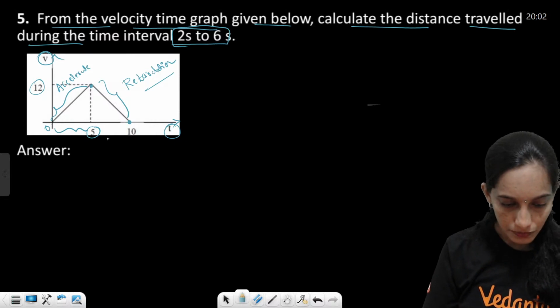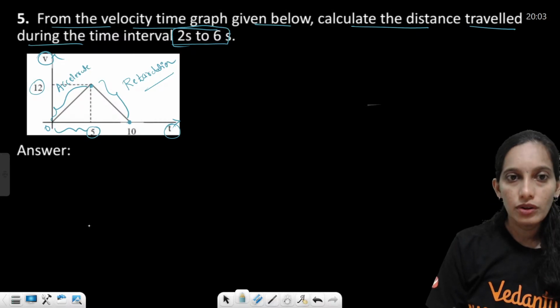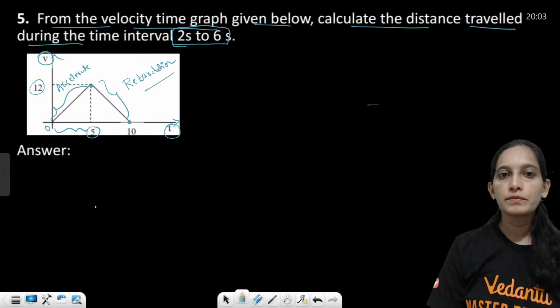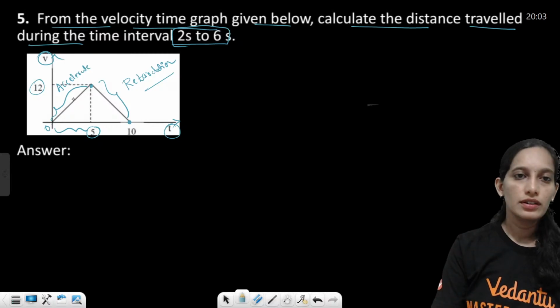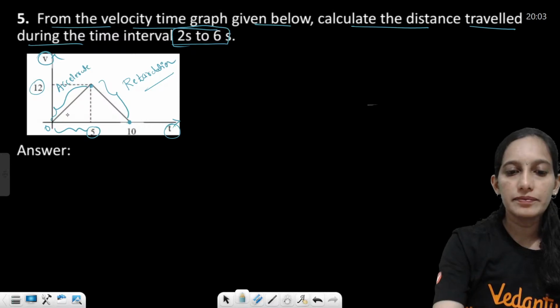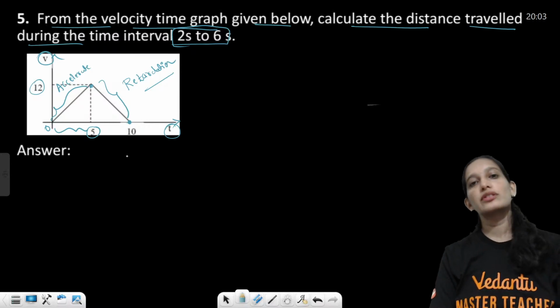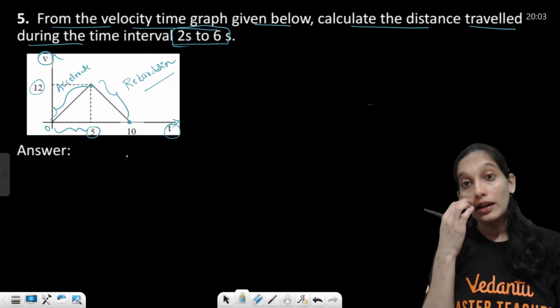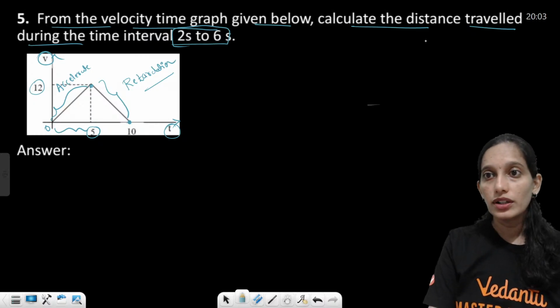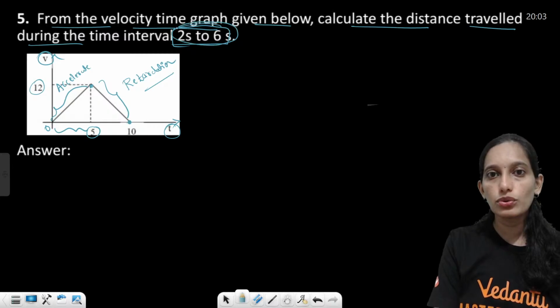Okay, yeah. So what we will do is, first we'll try to find out the acceleration. Okay, and then by that we will definitely get what is the retardation value as well. And here we had to find out the distance traveled in 2 to 6 seconds.